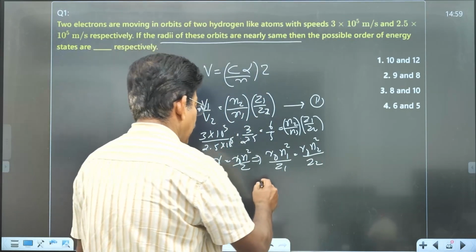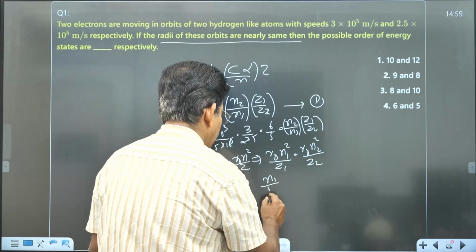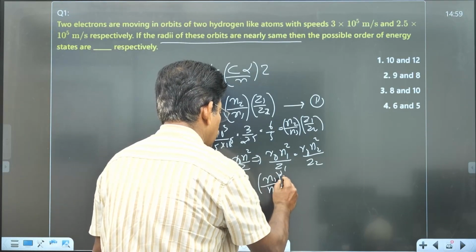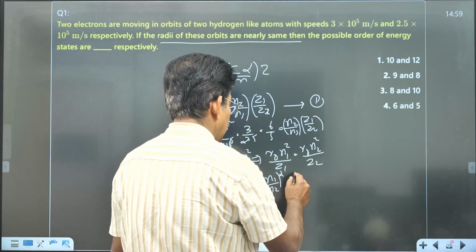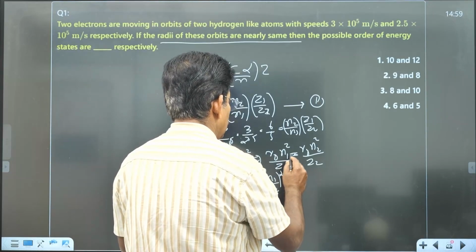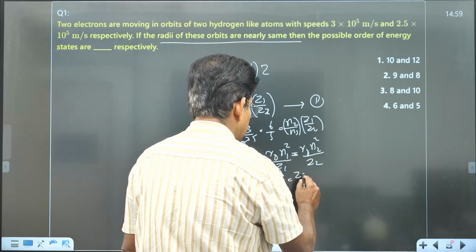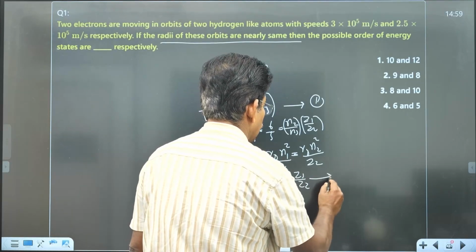From here we get N1 by N2 whole square. Because the radii are equal, that comes to be Z1 by Z2.